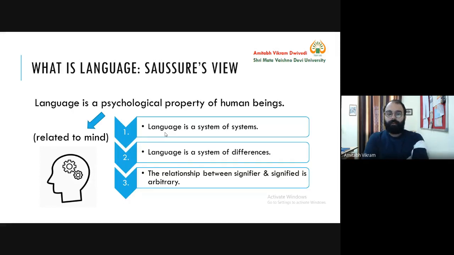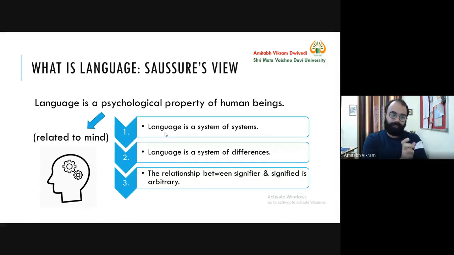This word psychological is crucial here, because psychological is something related to our mind, and language is found in our mind. So that's why we can say that language is a psychological property of human beings.